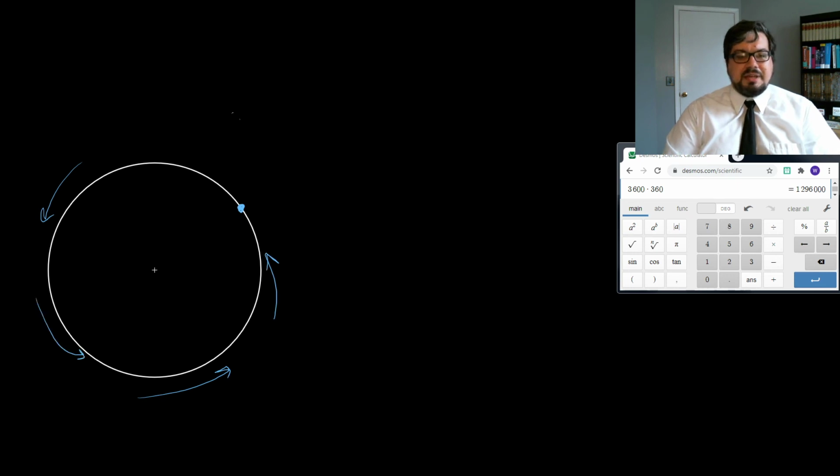You could think of this as being some point on the exterior of a wheel, if this circle is a wheel, or even some particle inside a giant circular particle accelerator, something like this. And what we can do is we can measure a couple of different things about this particle. One of the things that we can measure is its angular speed. And that's based on how quickly it's traveling around the circle.